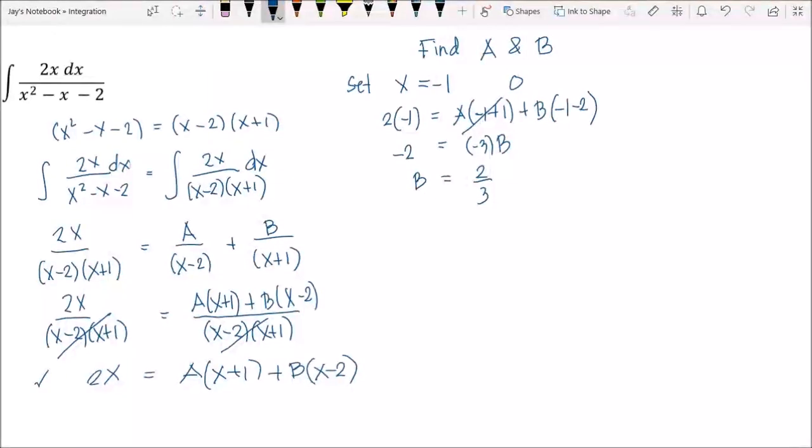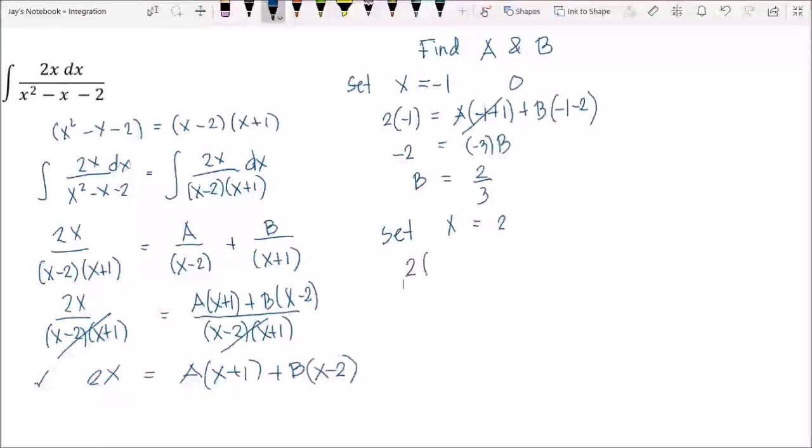And this time, let's try to get the value of a. So what is the easier value to assign to x? In this case, maybe we set x is equal to 2. Why 2? Because if we put x here in b times x minus 2, we can easily get 0, since 2 minus 2 is equivalent to 0. So let's substitute the value of x here.